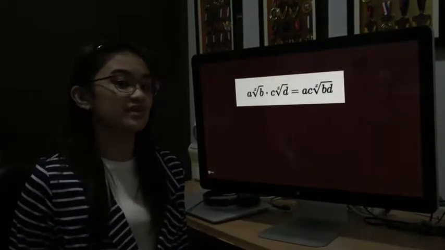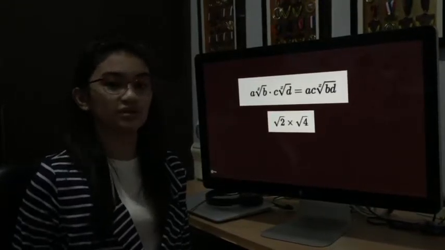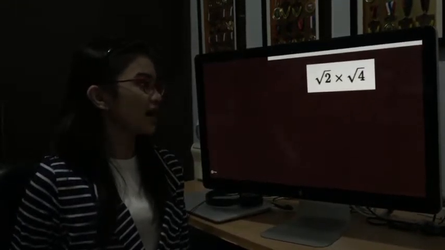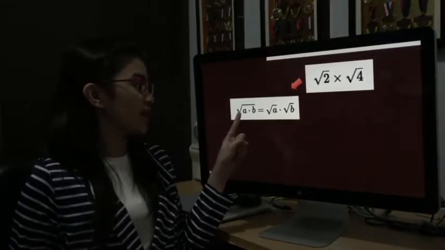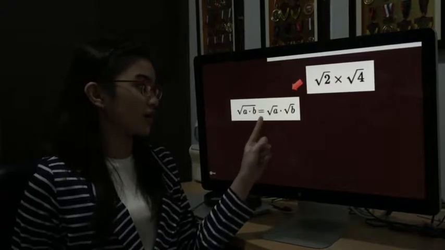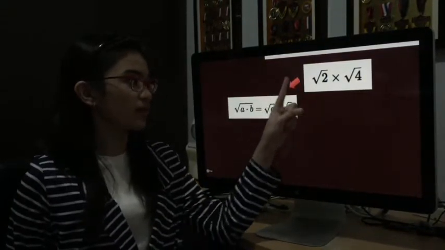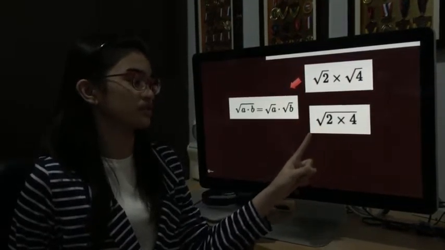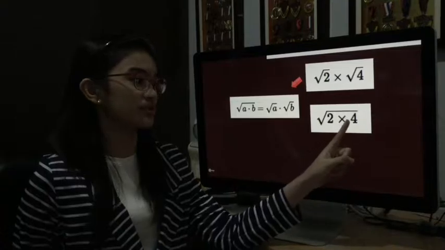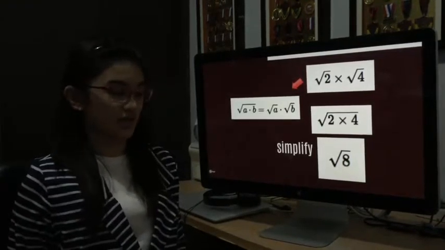So let's start off with a simple example. Square root of 2 times square root of 4. Now, we must remember another principle, that square root of a times b is equal to square root of a times square root of b. So we can put square root of 2 times square root of 4 into square root of 2 times 4. 2 times 4 is equal to 8.